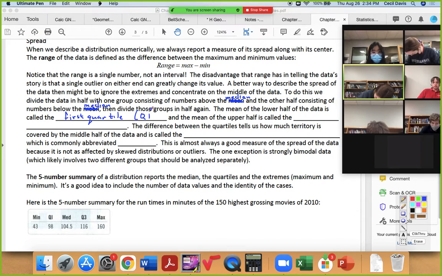We usually use Q1 for that. And the median of the upper half of the data is called the third quartile. Some books call it the upper quartile. Either one is fine. And we use Q3 for that.